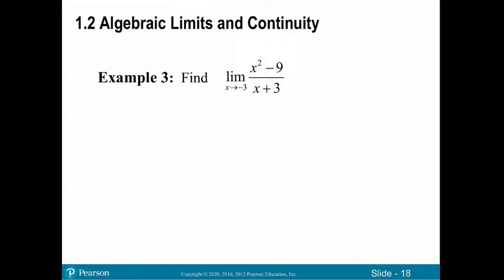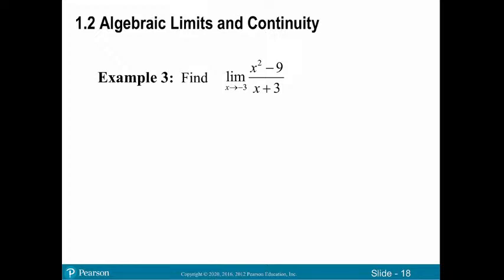Okay. So in this example, we're asked to find this limit. Now notice, if you try to just plug in the -3, you get 0 over 0, an indeterminate form, so basically you get a 0 in the denominator.